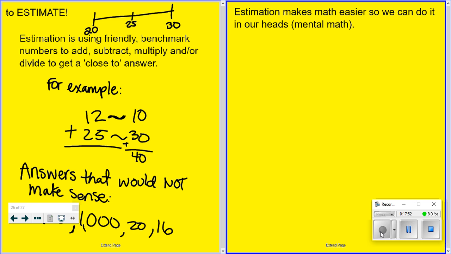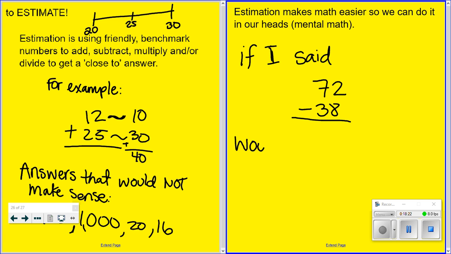Let's try a subtraction problem. If I said 72 minus 38, would the number 10 be a good estimate?